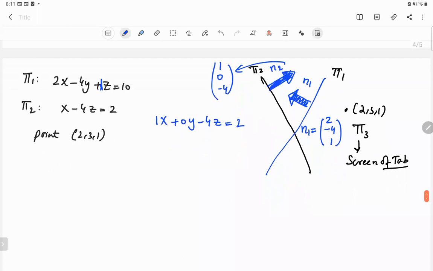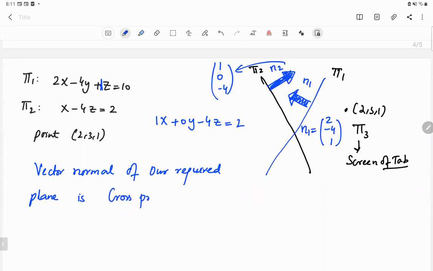Can you tell me how we can find it? The cross product of n1 and n2. Yes. So the vector normal of our required plane is the cross product of n1 and n2.